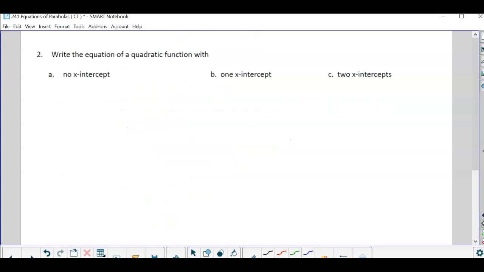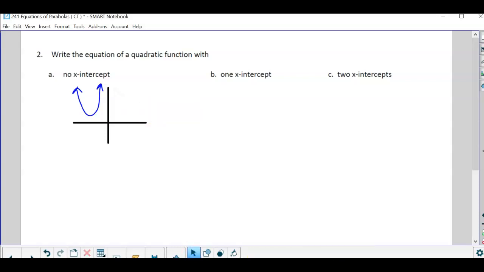Okay, so let's write the equation of a quadratic function with no x-intercept. So think about what that looks like. No x-intercept. So that might be something like this. Now this is a very rough sketch.